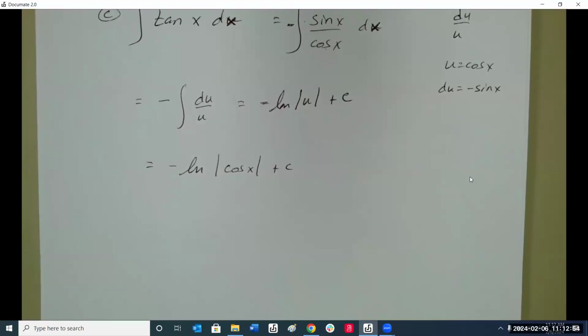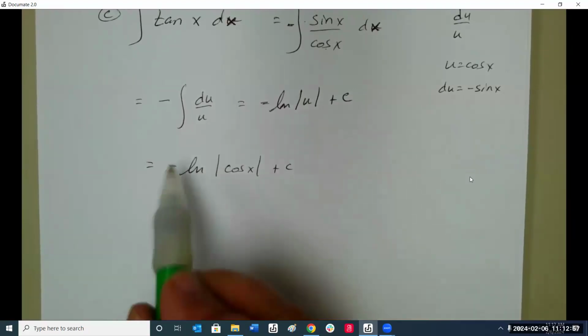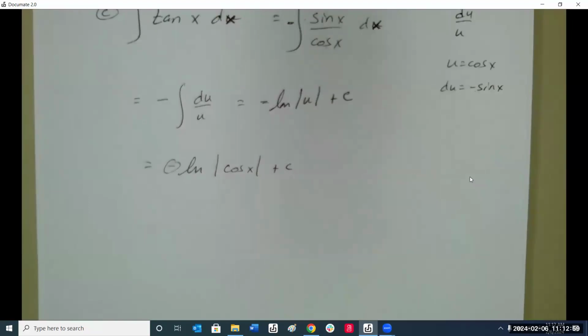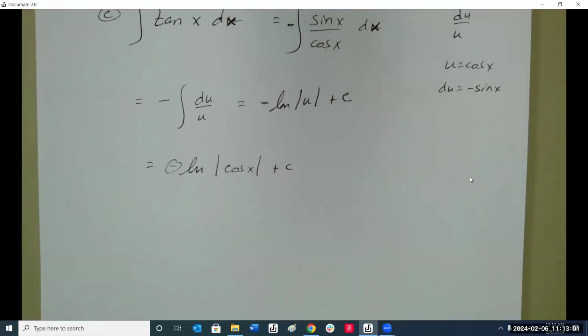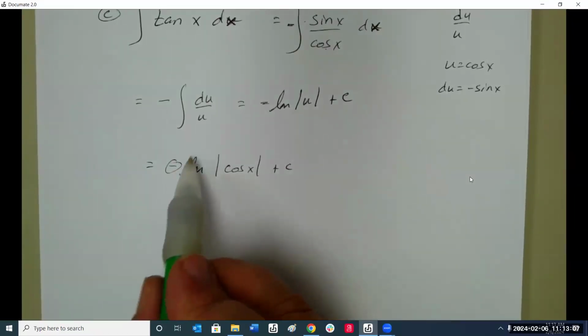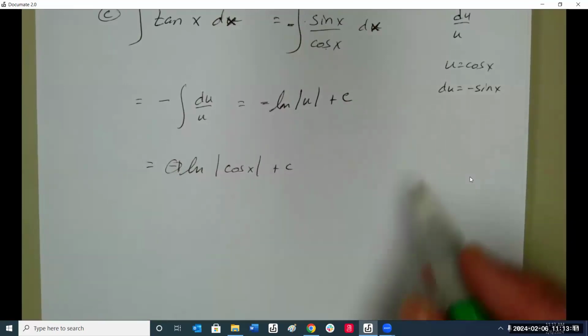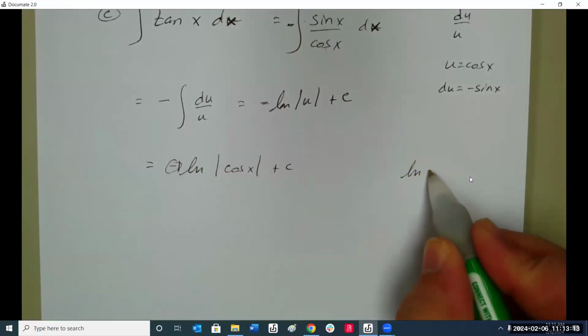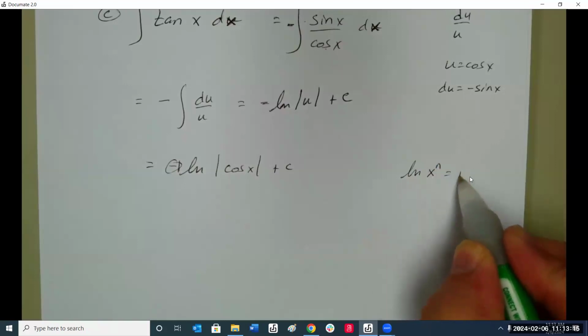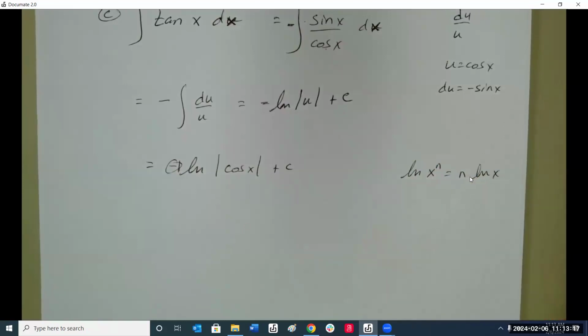We're not done yet. We don't have a negative answer. In other words, you can simplify it even further. What do you do with coefficients? This is a negative one in front. That's the conversion rule.